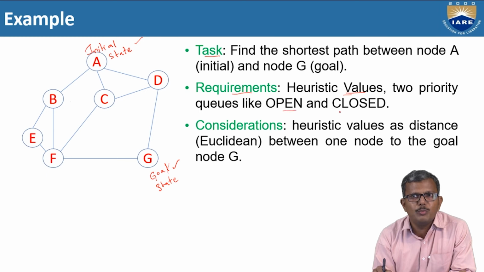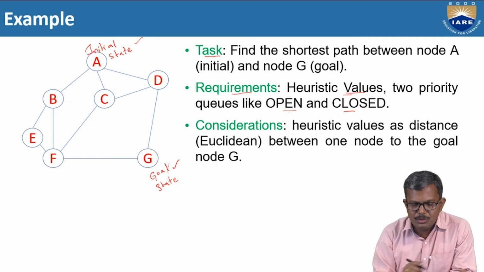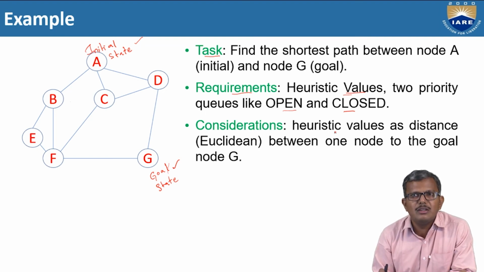One priority queue is open and another priority queue is closed. So what are we going to consider? We are going to consider some heuristic values as distance. Distance is nothing but the Euclidean distance. Euclidean distance here is not the distance between A and B. It is the distance from every node to the goal node.